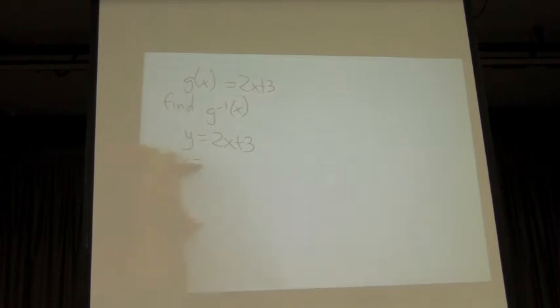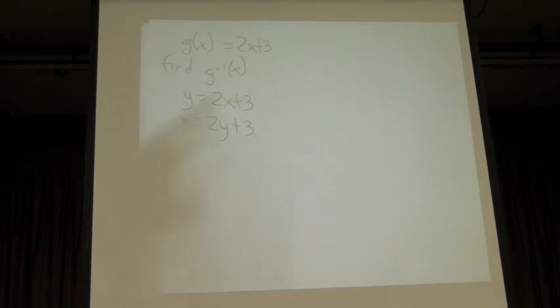Because that's what inverse is. Inverse is when your x or your domain becomes your y, your range. And conversely, your y, your range, becomes x, your domain. They switch.